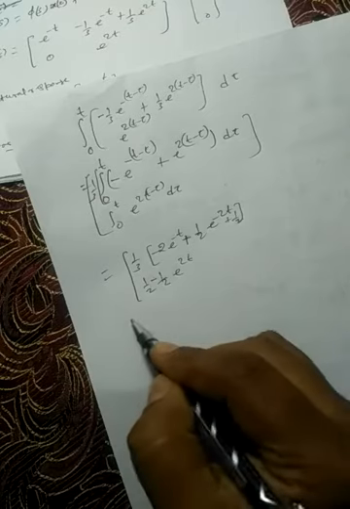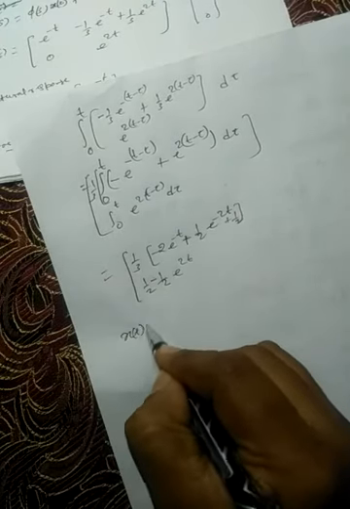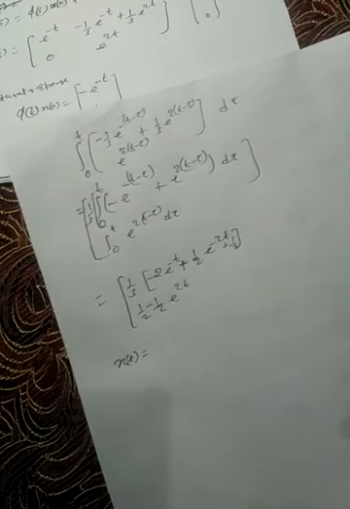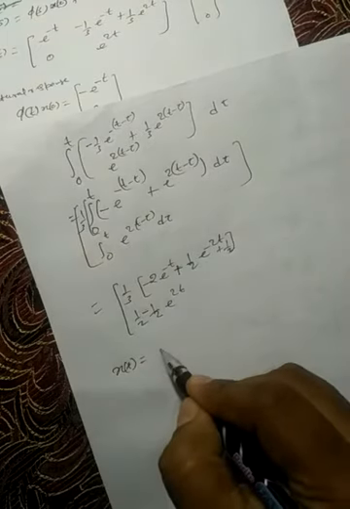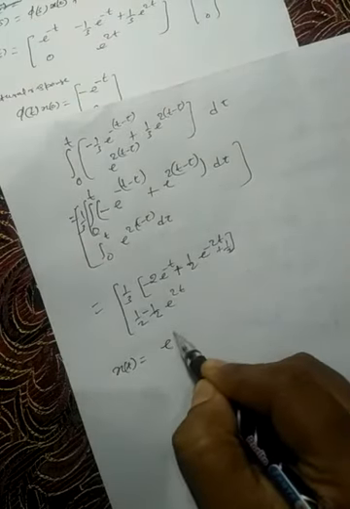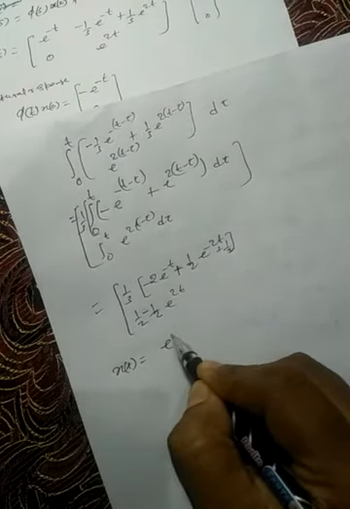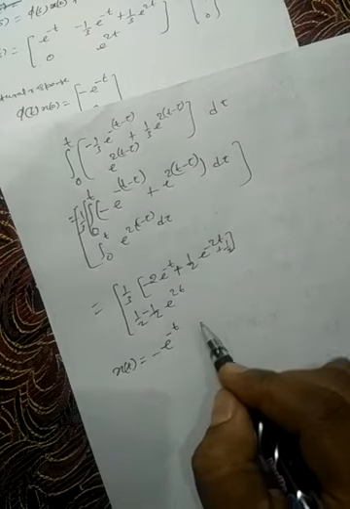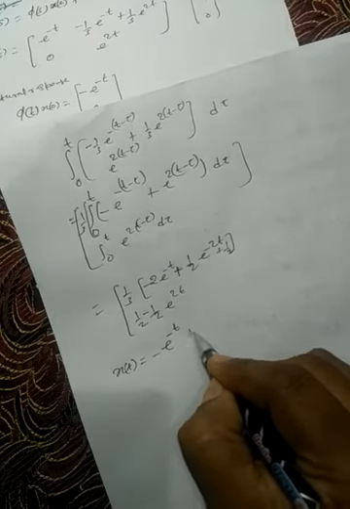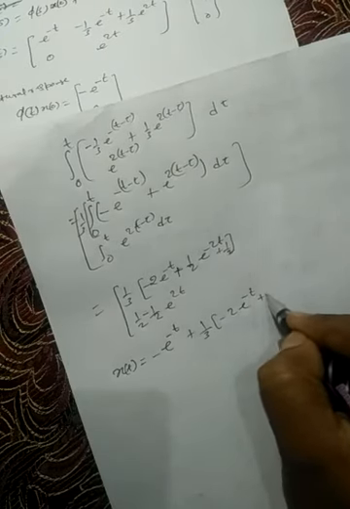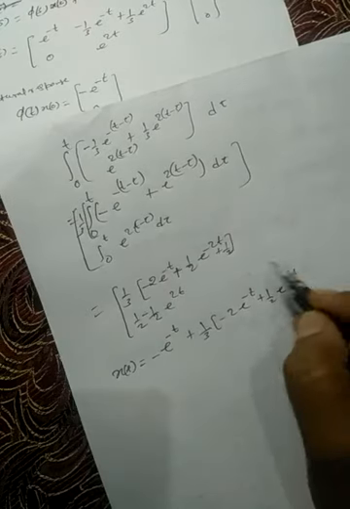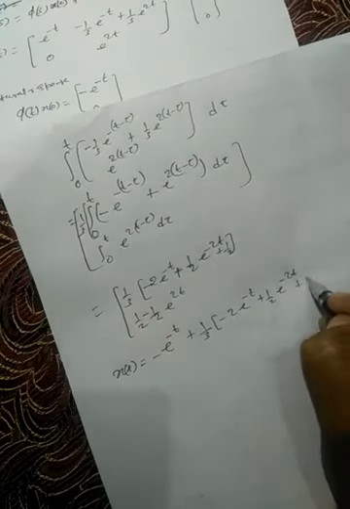So finally we have xt is equal to: e raised to minus t, plus 1 by 3 minus 2 e raised to minus t plus 1 by 2 e raised to minus 2t plus 1 by 2.